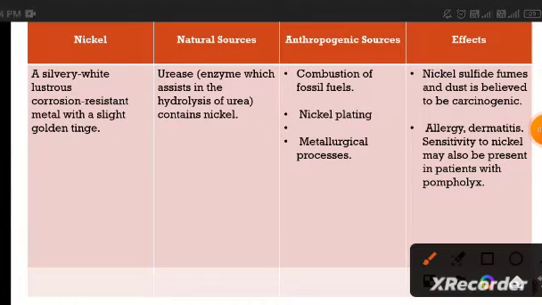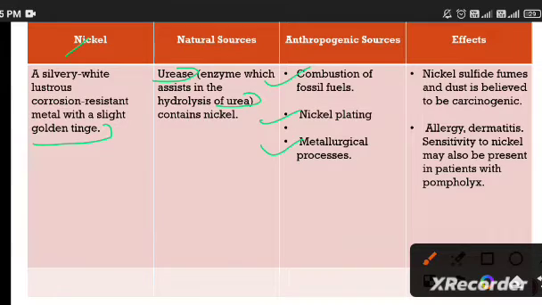Last one is nickel, which is a silvery white, lustrous corrosion resistant metal with a slight golden tinge. Natural source of nickel is urease, which is an enzyme that assists in the hydrolysis of urea. Anthropogenic sources of nickel include combustion of fossil fuels, nickel plating and metallurgical processes.